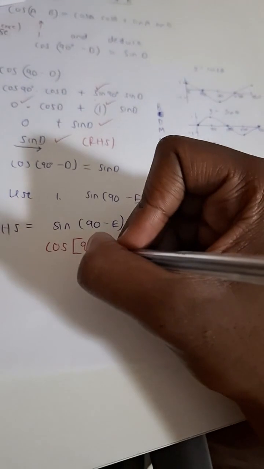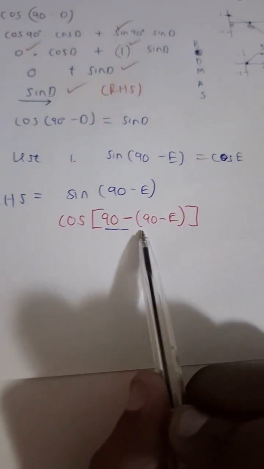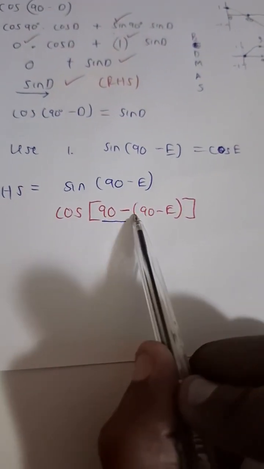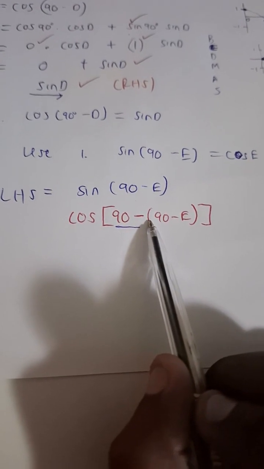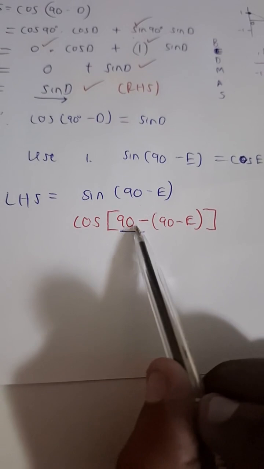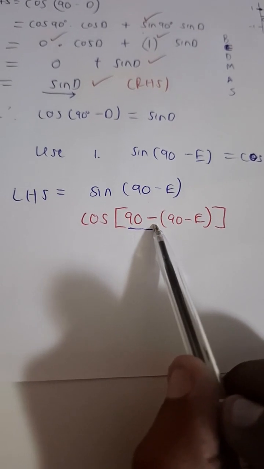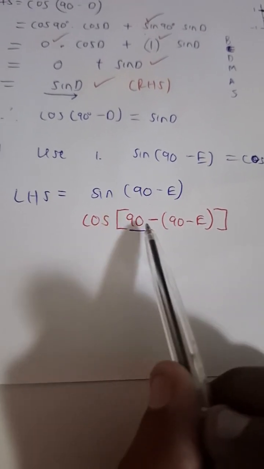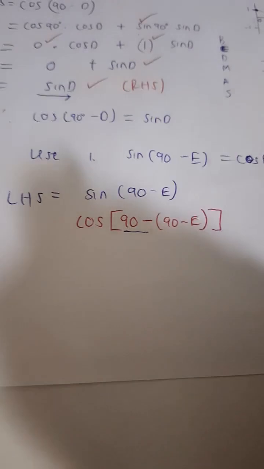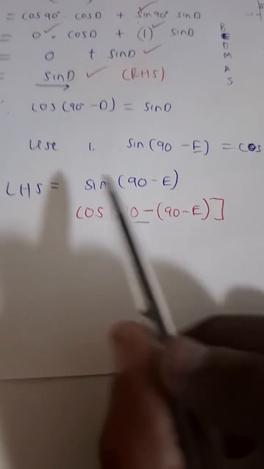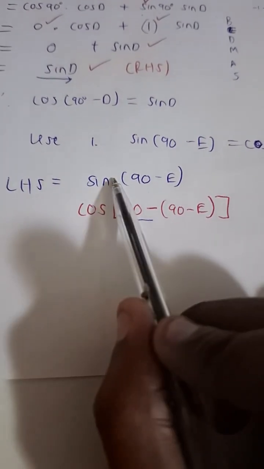So what I've done, I've used the co-function value 90 minus. Okay, do you see this? I used the co-function value 90 minus because I know that 90 minus is the one that changes sine to cos and cos to sine.